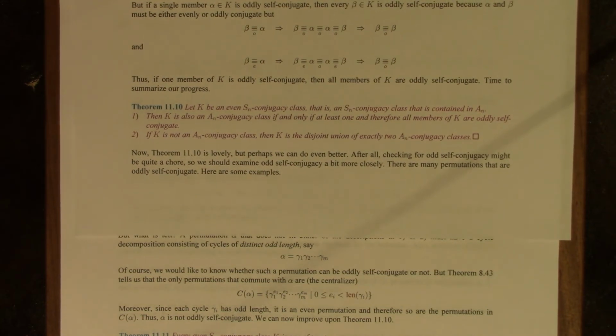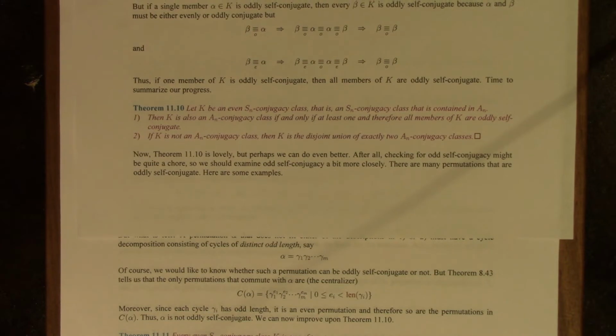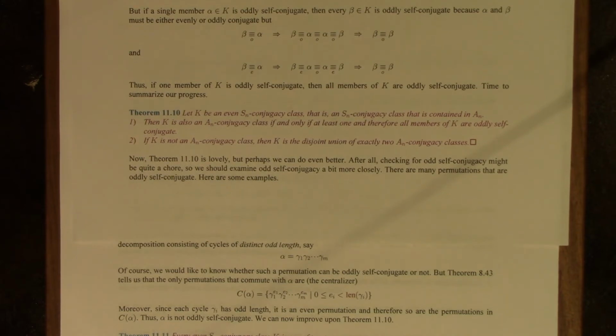So we've made a lot of progress here in understanding the nature of A_N conjugacy classes. They're either the same as S_N conjugacy classes, or they have a partner, another A_N conjugacy class whose union is an S_N conjugacy class.